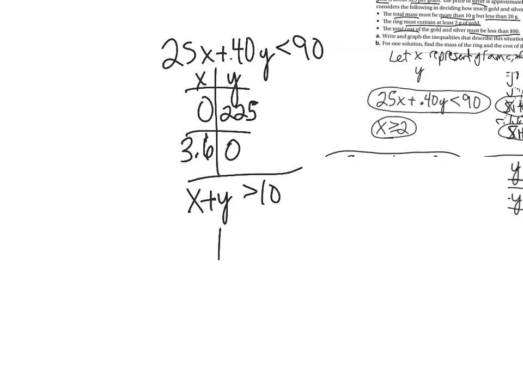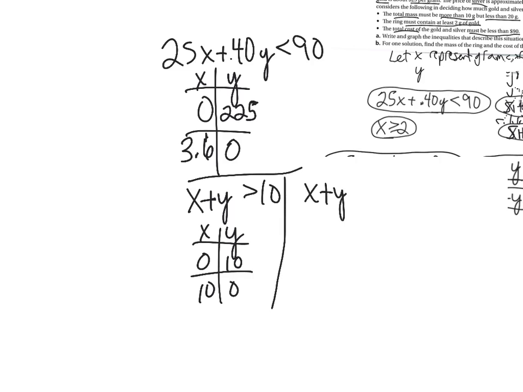Another inequality, x plus y is greater than 10. Think about x plus y equals 10, and we could do intercepts here. Put a 0 for x, y would be 10. Put a 0 for y, x would be 10. Less than 20, same idea. 0 for x, y is 20. 0 for y, x is 20.